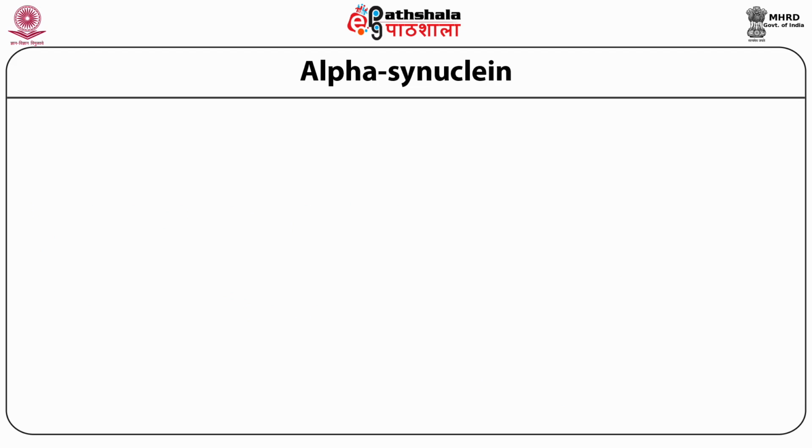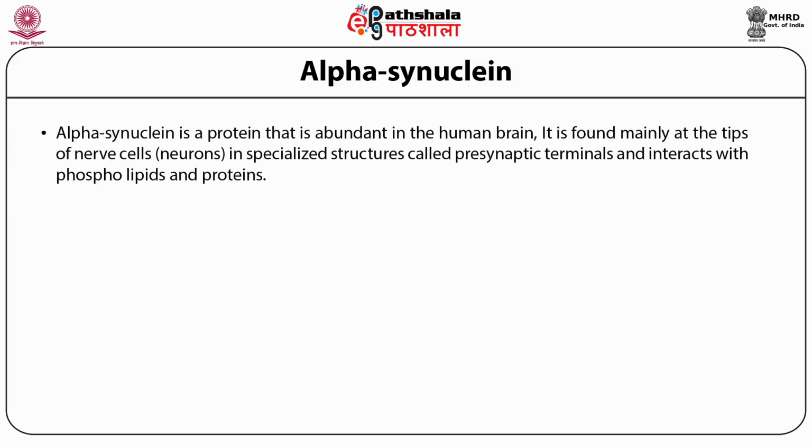Another protein which is responsible for Parkinson's disease is alpha synuclein. It is a protein that is abundant in the human brain. It is found mainly at the tips of nerve cells in specialized structures called presynaptic terminals, and interacts with phospholipids and proteins.